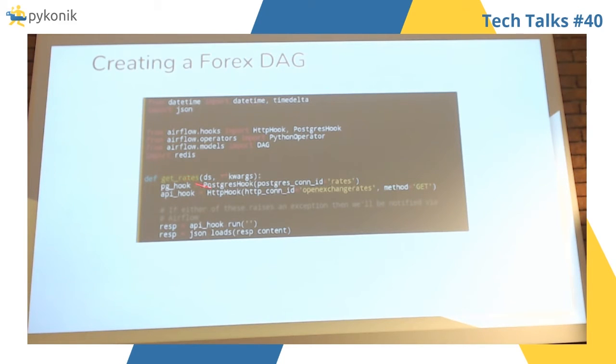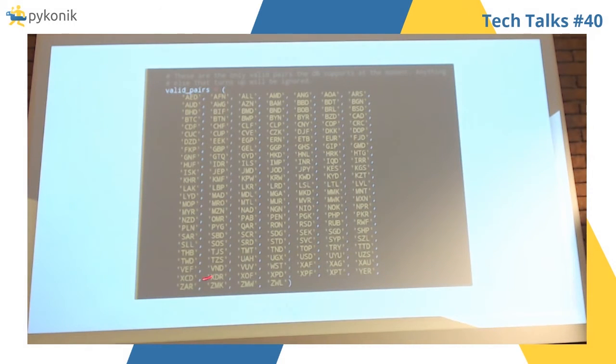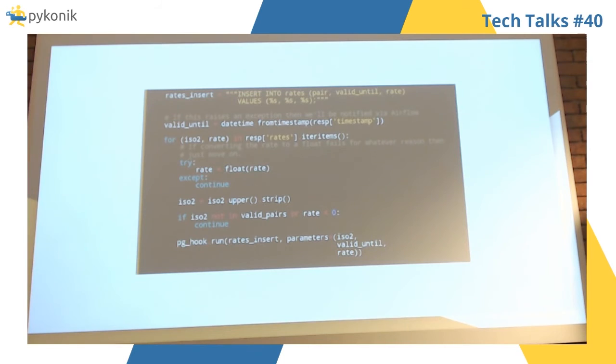There is a definition of the method getRates. As you see, there is a run of the Postgres hook, a connection to the rates database, rates table, pardon. There is an API hook which was connected to Open Exchange using method get. There is the response, valid pairs, and at the end we insert it into the database.